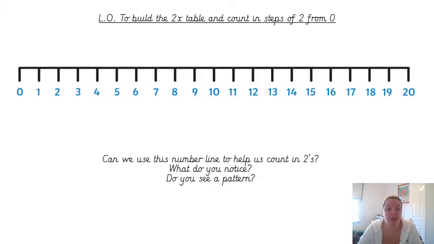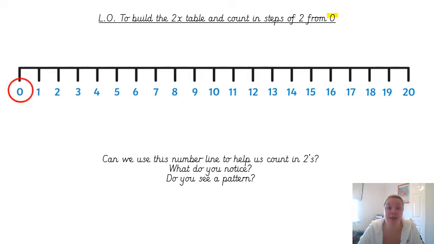So let's have a look. Here's a number line and it's going to help us count in twos. So we start at which number? Remember it says up here, we're starting from 0. So let's see if we can count in twos. See if you can count with me. If you're unsure, when I say it, you can say it afterwards, or you can count at the same time as me.